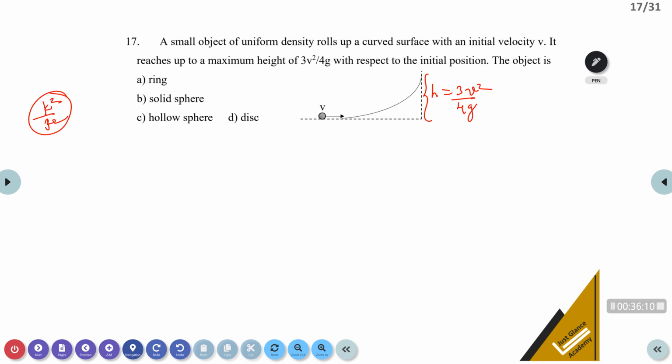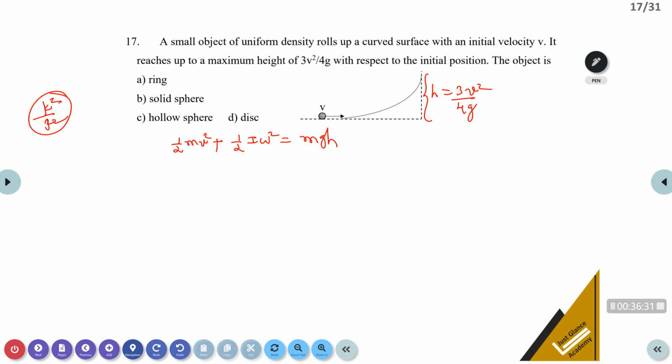Here, according to the law of conservation of energy, 1 by 2 m v square, translational kinetic energy, plus rotational kinetic energy, 1 by 2 I omega square, equal to mgh. We know this equation.